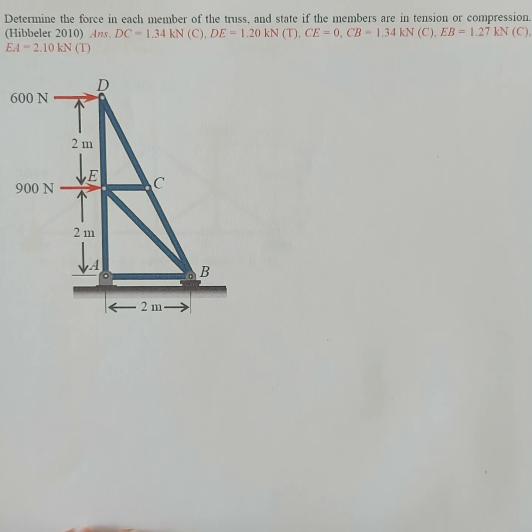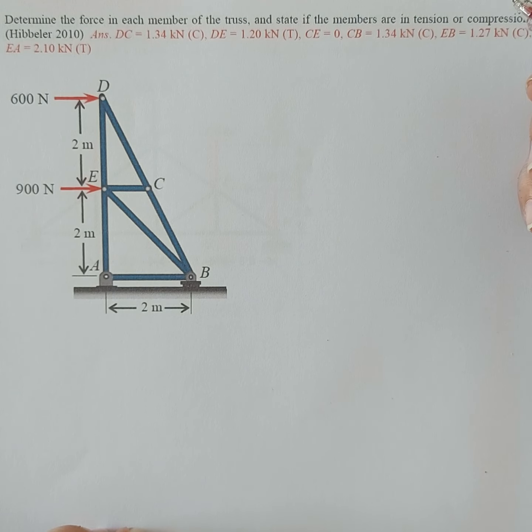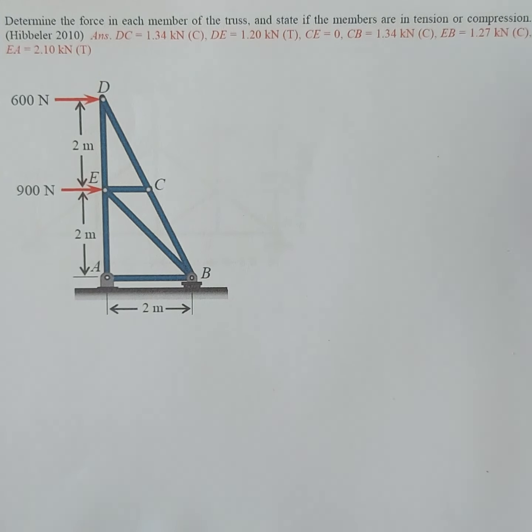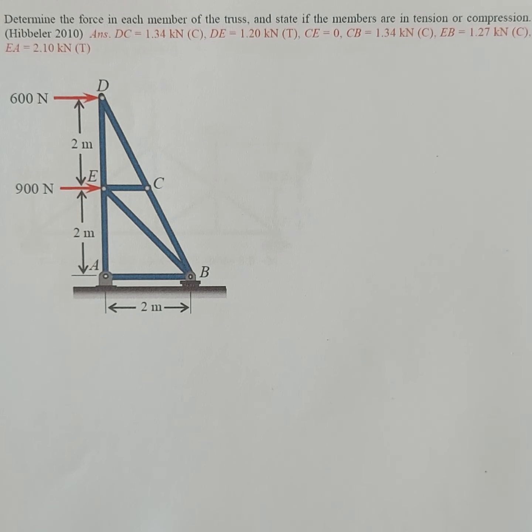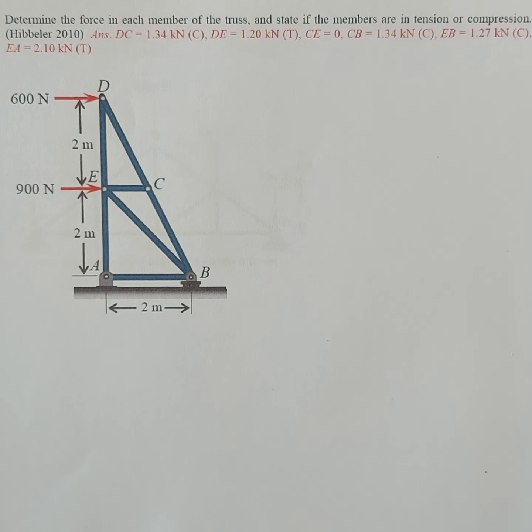We can assume any direction for our support reactions. But when the loading of the truss is simple, by inspection you can easily identify the direction of the reaction, using Newton's third law.